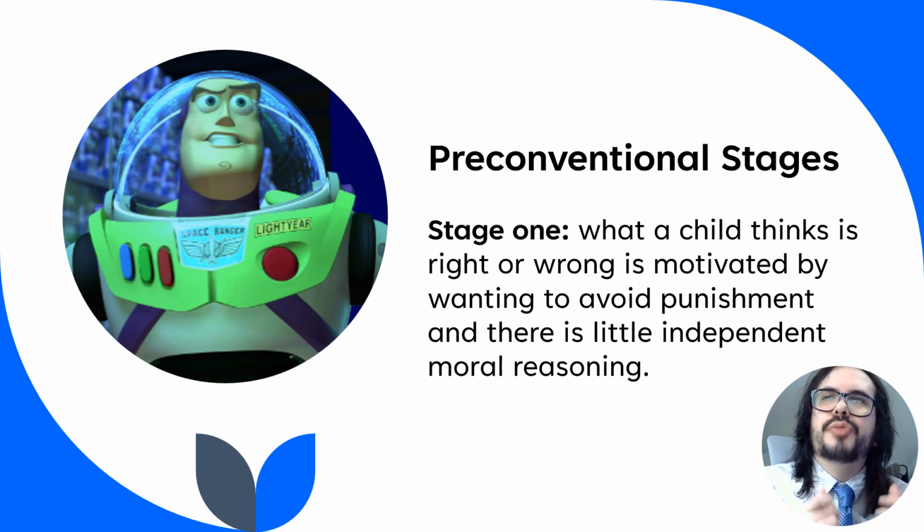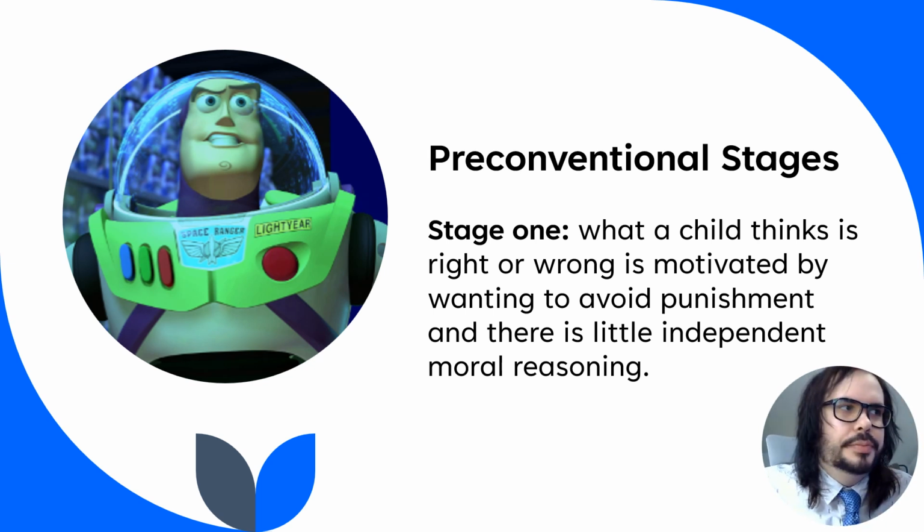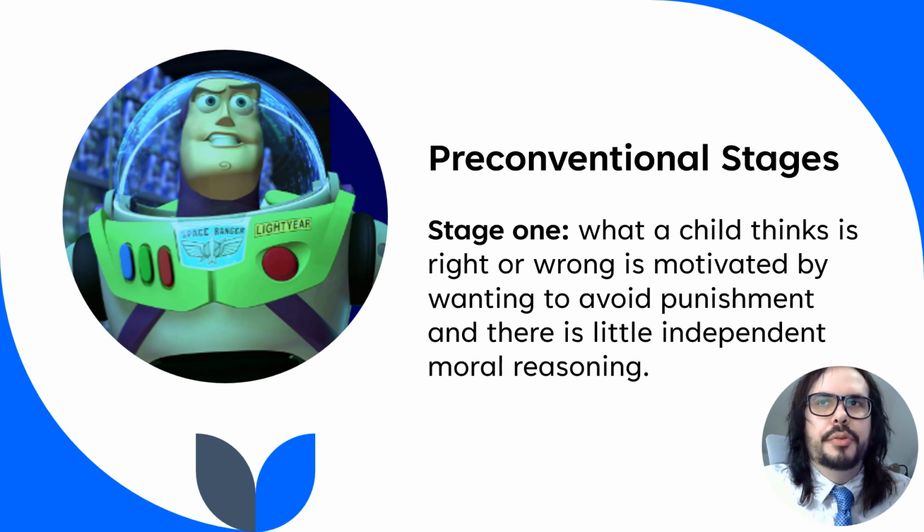There's not a developed independent moral reasoning, and what I mean by that is the child doesn't have a lot of knowledge on what is right or wrong without the guidance of what somebody else already told them. And what they tell them is usually reinforced with either reward or punishment, right?